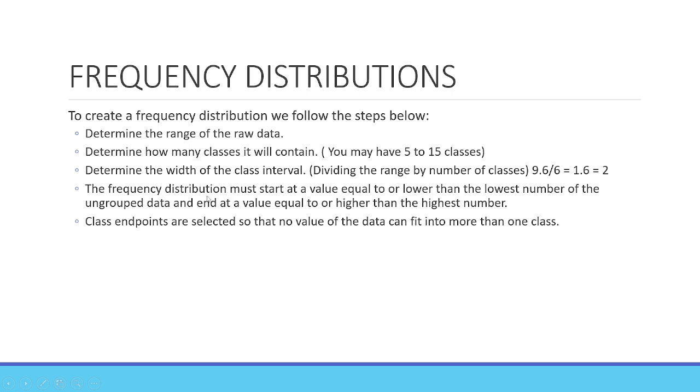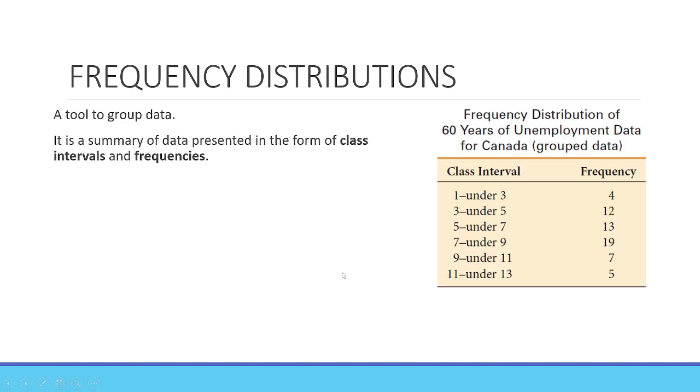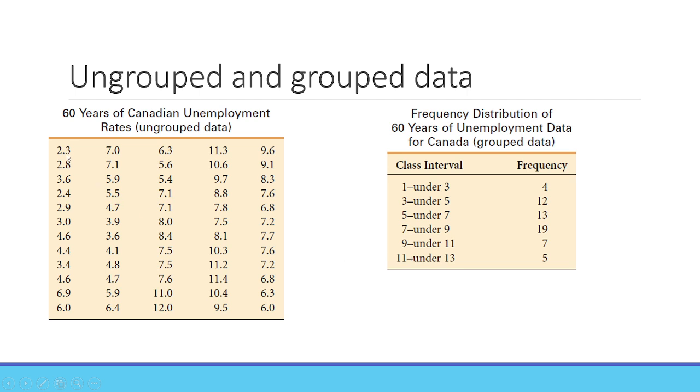Now the frequency distribution must start at a value equal to or lower than the lowest number of the ungrouped data. For example, here the lowest value is 2.3. The starting value we have taken as 1, that is, equal to or less than the minimum value.